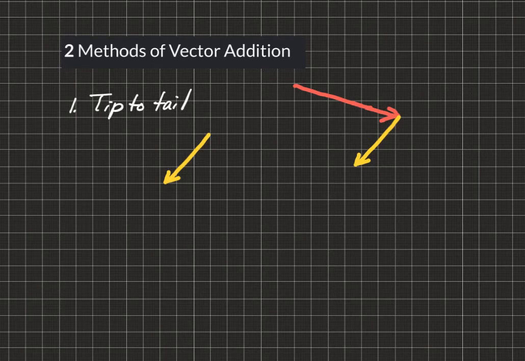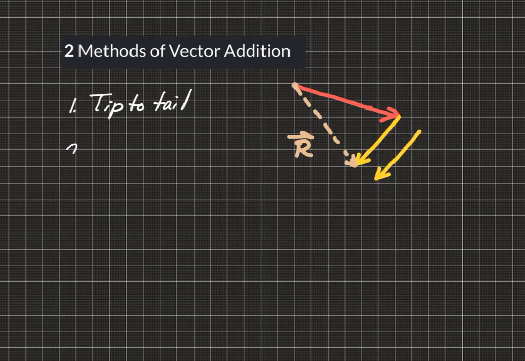Tail to tip. And now I'm going to draw the resultant with that kind of ugly color I chose. I go from the starting point of the entire combination and I move to the ending point. I move from the tail of where we started to the tip of where we finished. And that is my resultant vector. Do you notice how the direction of the second vector did not change?